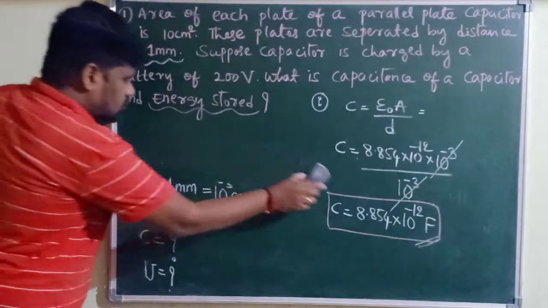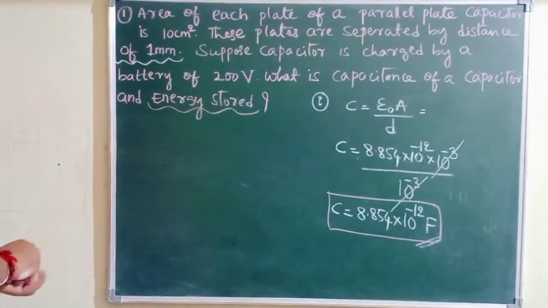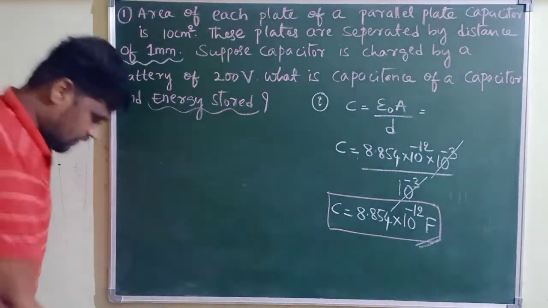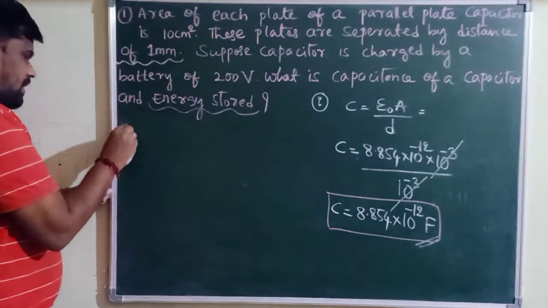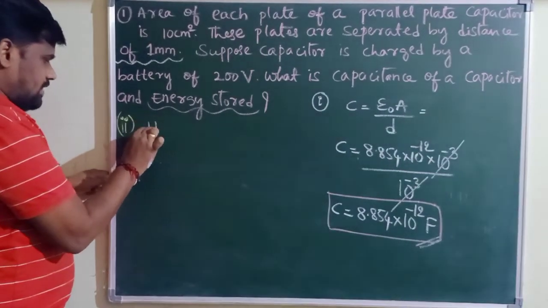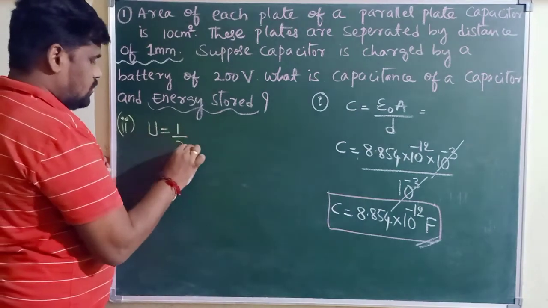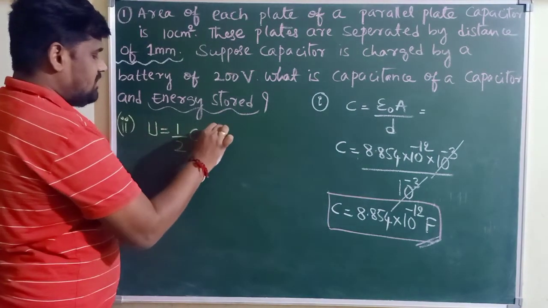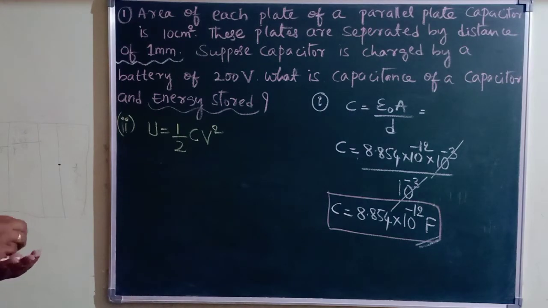The energy stored by the capacitor is given by U is equal to half CV square.